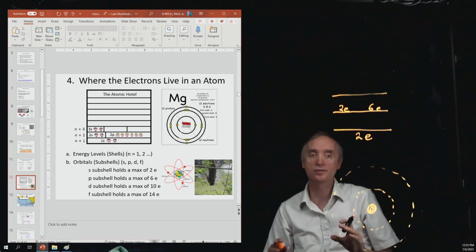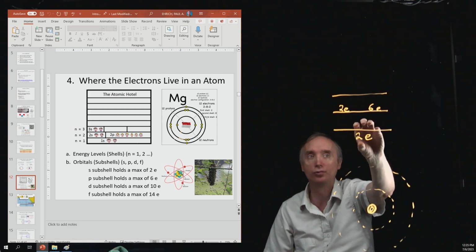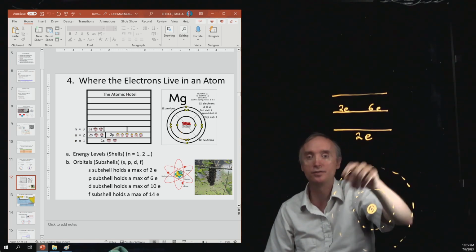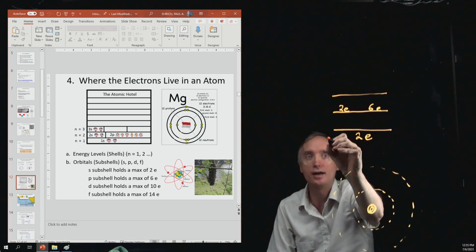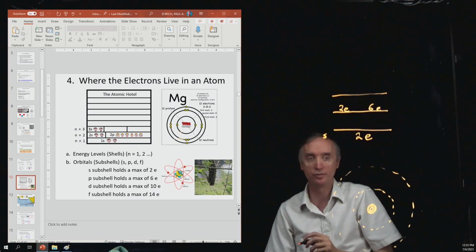Now, for us, that's as far as we need to go. This isn't chemistry, so I just want you to recognize the rooms that can hold 2 electrons, which are going to be called s subshells or s orbitals.